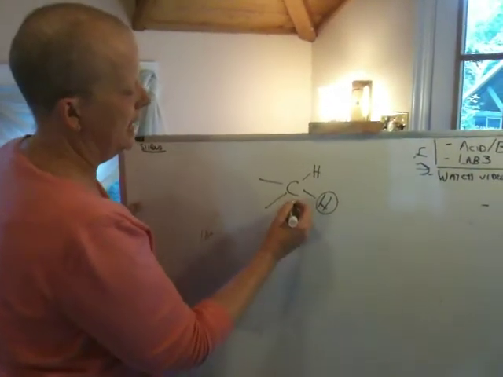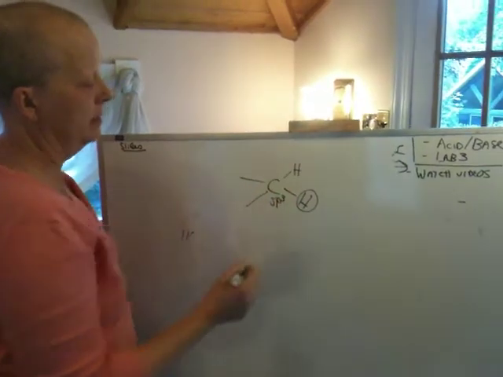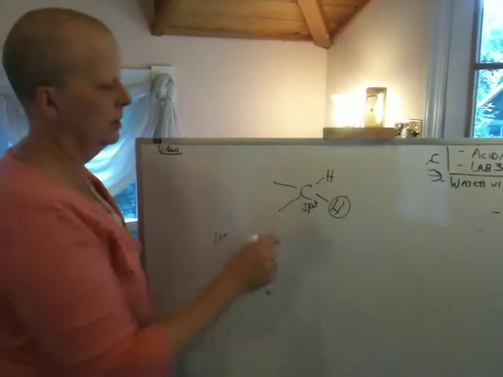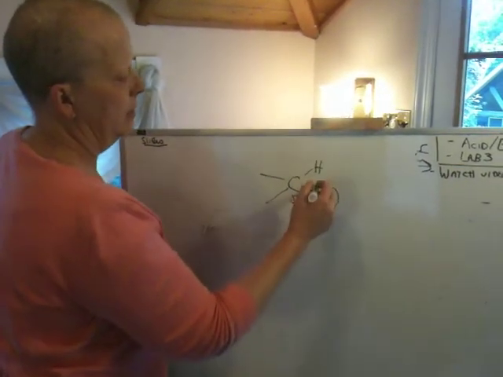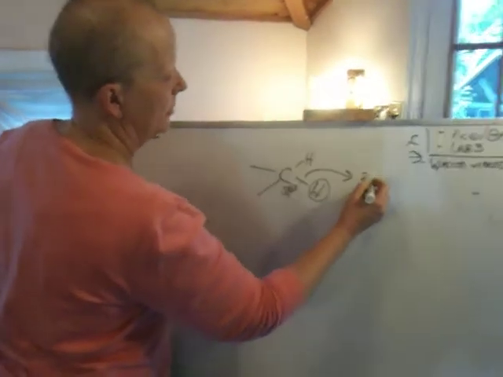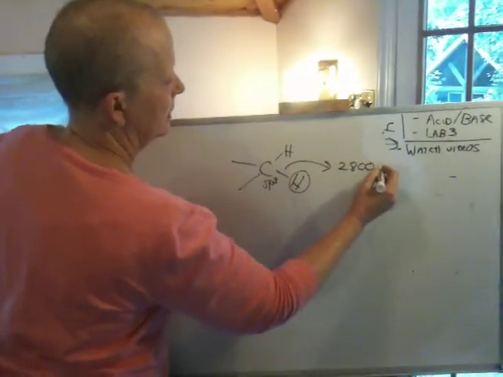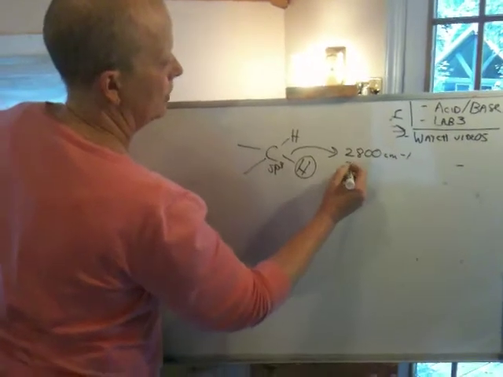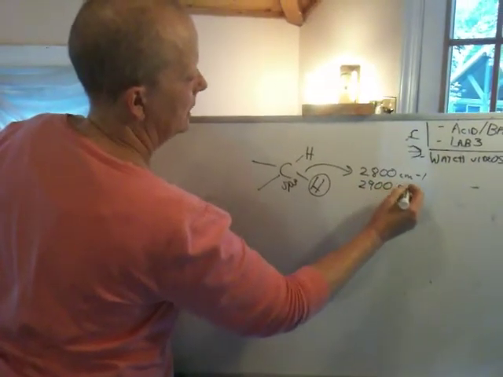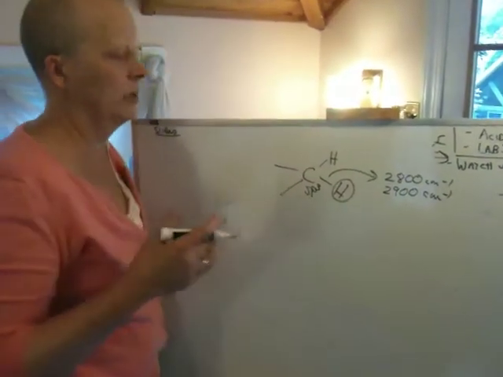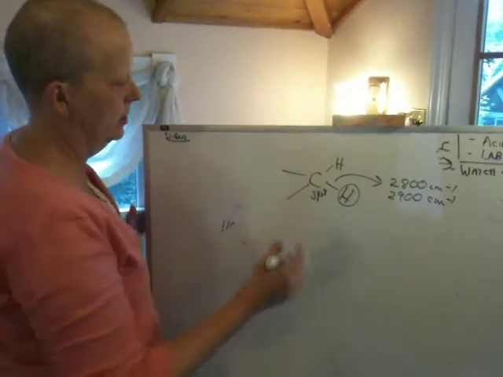When a carbon is sp3 hybridized, what we call saturated carbon, the bond will vibrate, as I've said a couple times already, at 2,800 reciprocal centimeters to about 2,900.